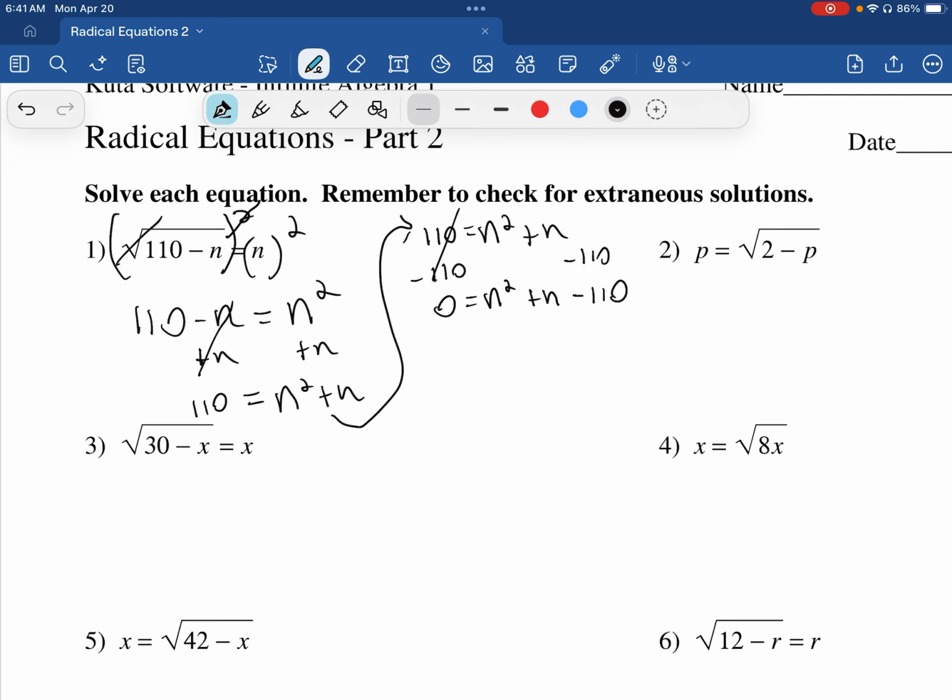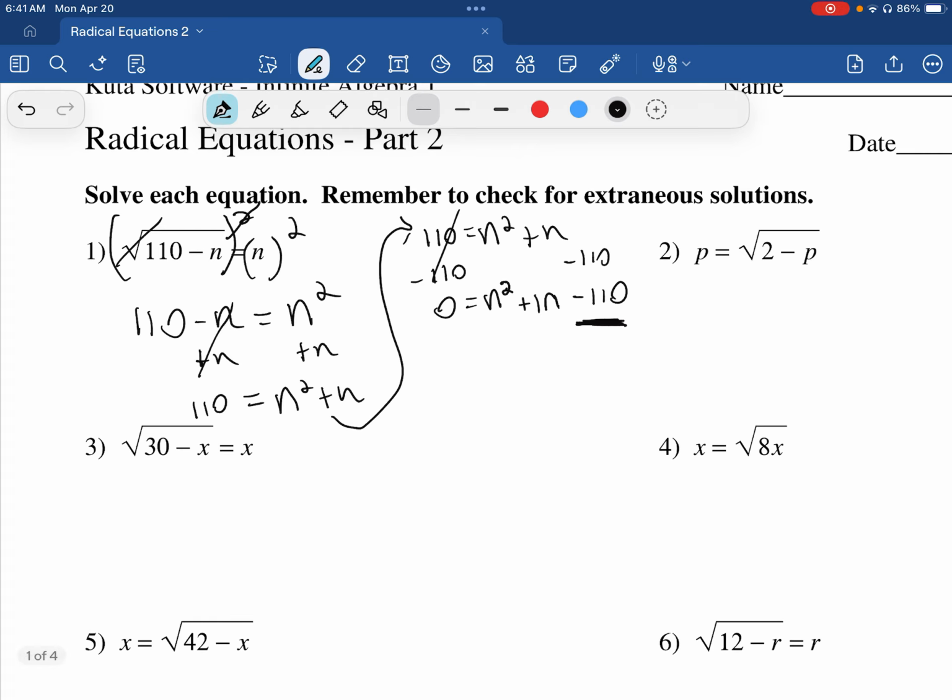So we're trying to find two numbers that multiply to negative 110. This is n squared, and we can call this plus 1n. So we need to find two numbers that when you multiply them, you get negative 110, and when you add them, you get positive 1, to factor this.